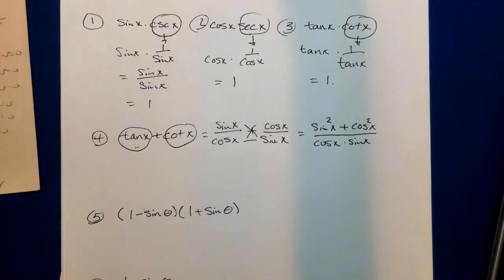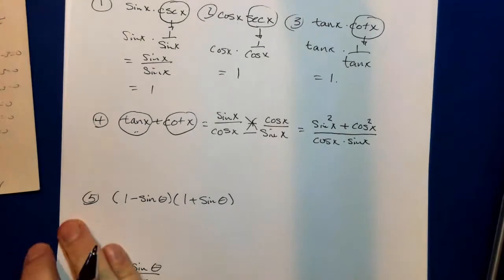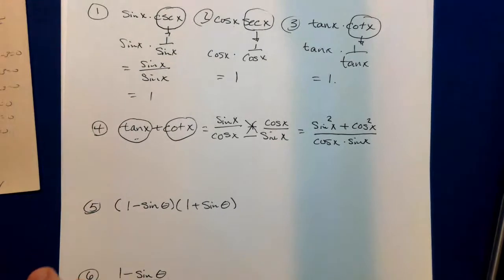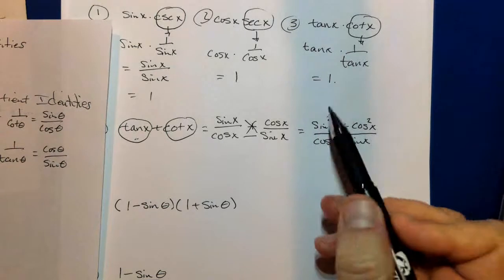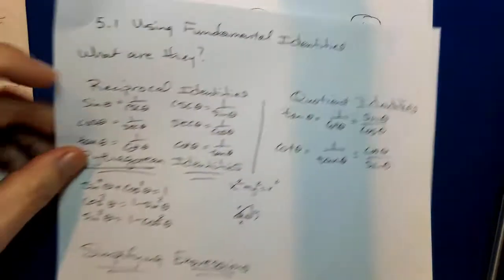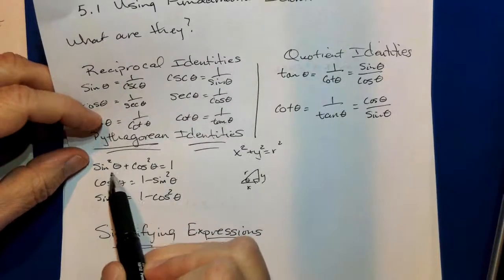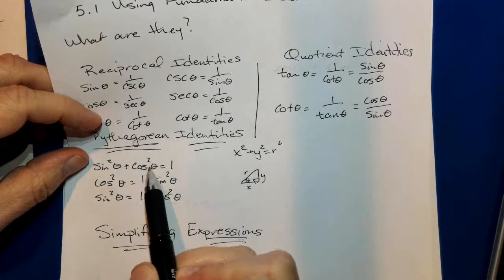Now at this point, I want to direct your attention to the Pythagoreans. Anytime that I see squares, I think Pythagorean identities. Now if you notice, sine squared plus cosine squared is equal to 1.